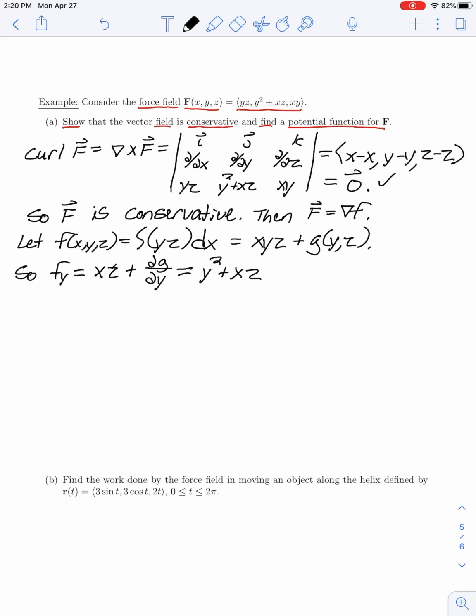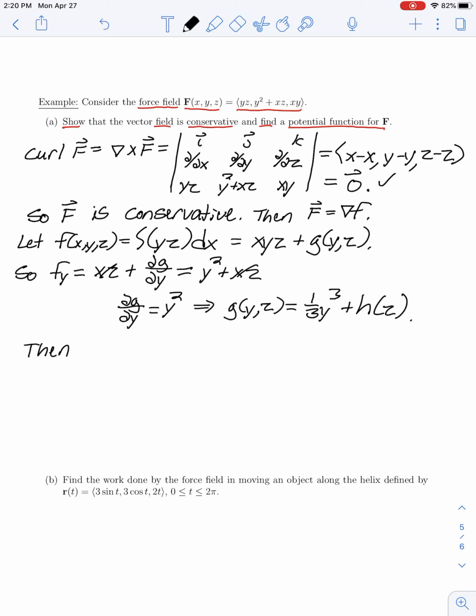So we can cancel the common factor x times z on both sides, and we find the partial derivative of g with respect to y is equal to y squared. So finding the antiderivative of this, we find the function g of y and z would be 1/3 y cubed, plus a constant with respect to y, which would be any function that depends only on z. Let's call it h of z.